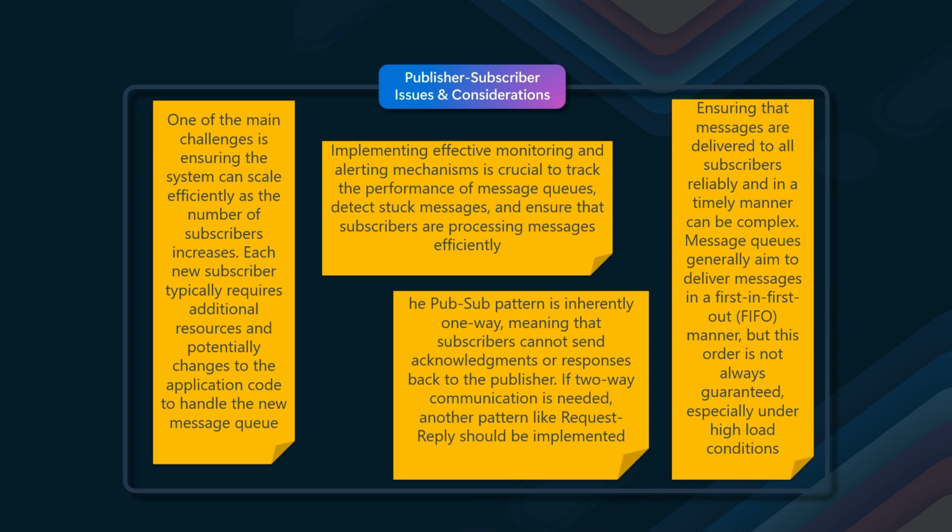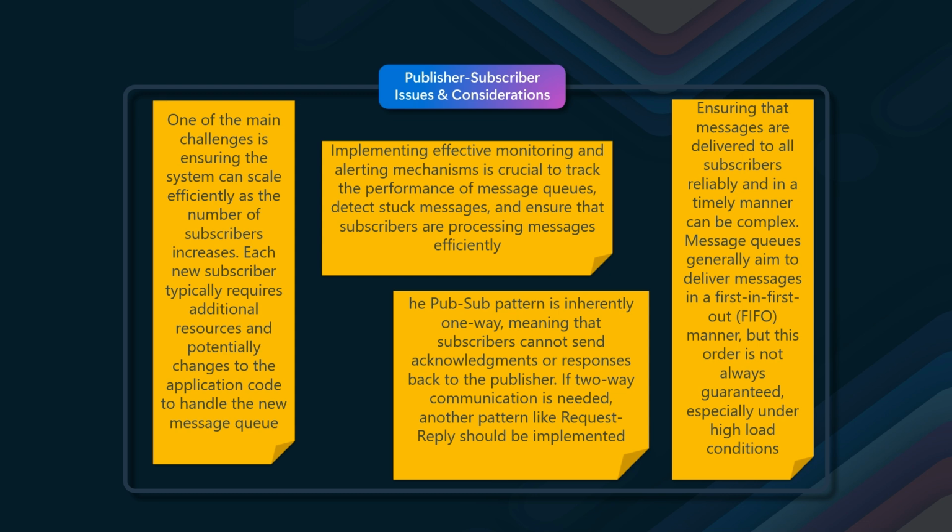So let's consider some issues and considerations with this pattern. Scalability. One of the main challenges is ensuring that the system can scale efficiently as the number of subscribers increases. Each new subscriber typically requires additional resources and potential changes to the application code to handle the new message queue.